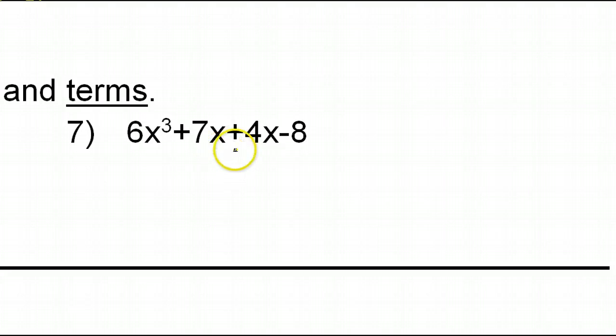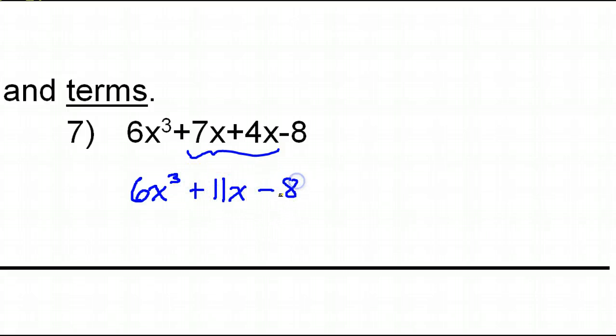Alright, watch out for number 7. It's important that you notice that this polynomial has not been simplified yet. Okay, unlike number 6, which was already simplified for you, you need to simplify the polynomial before you try to name it. So the only thing that needs to be done here is these like terms need to be combined. If you do that, then you've got 6x to the third power plus 11x minus 8.